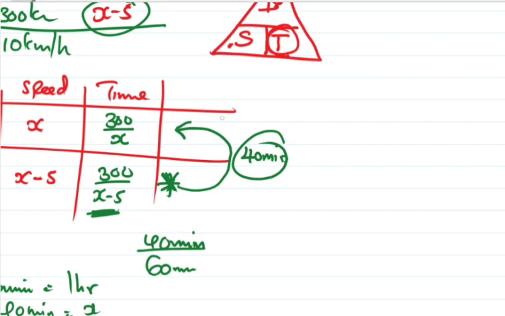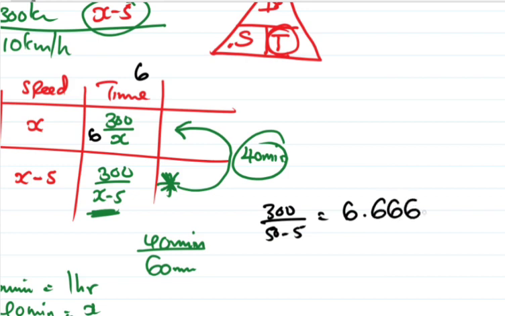So time, that's 6. Whereas 300 divided by 50 minus 5, we have 45 here. So let's write there 300 divided by 45. The answer is 6.6667 to the nearest.